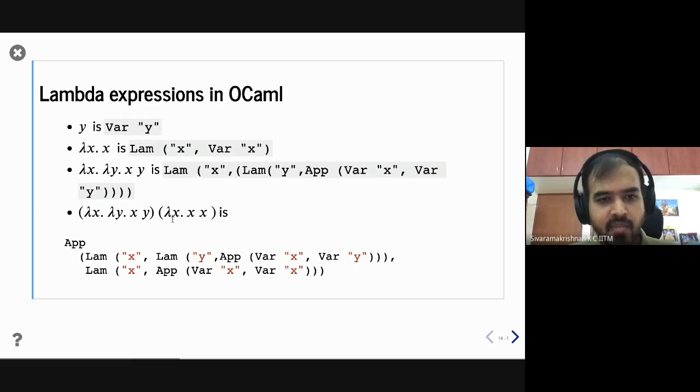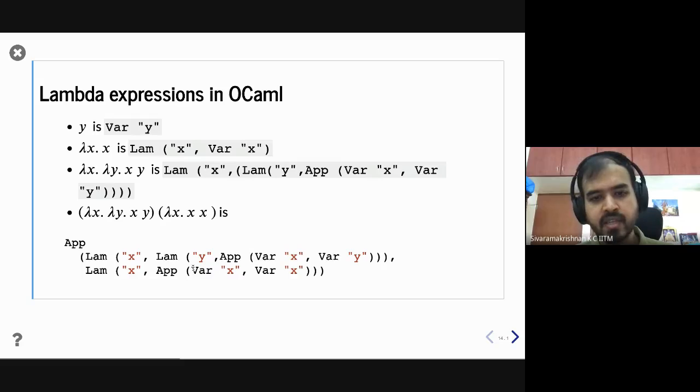The second one is a lambda x, right? That is a lambda that takes an x and then applies x to x. So it's a lambda, the variable name is x. It's an application here, right? Where you apply variable x to variable x. So application always takes two arguments, right?